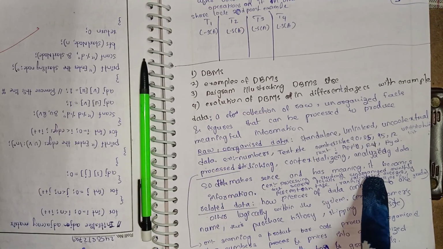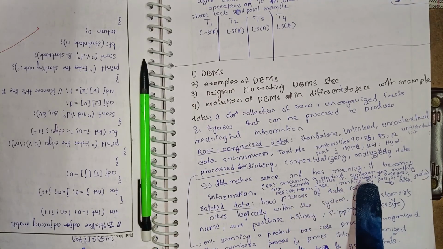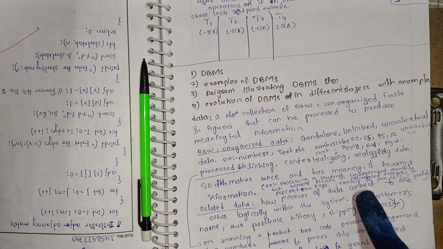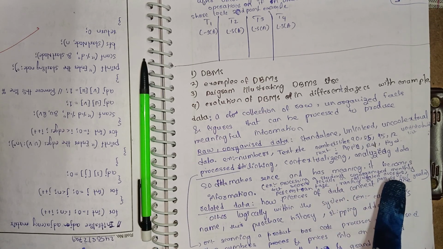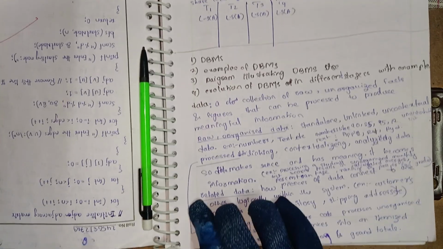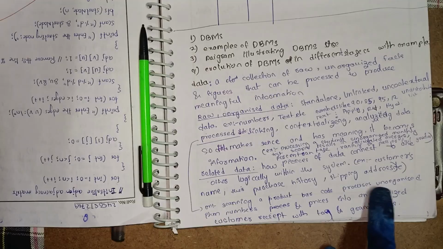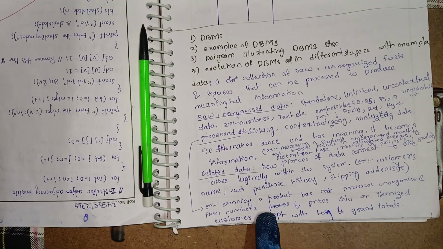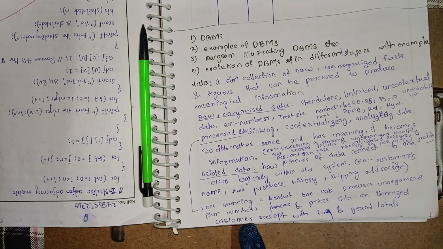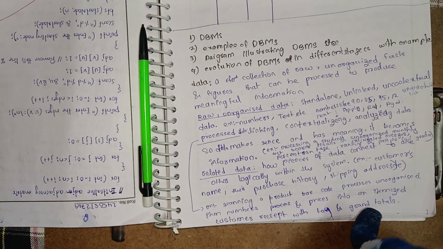So here the raw data is the unorganized monthly test scores, and the processed data is the average, percentage, ranking, and pass or fail grades. Another example is scanning a product barcode, which processes unorganized item numbers and prices into an itemized customer receipt with tax and grand totals.